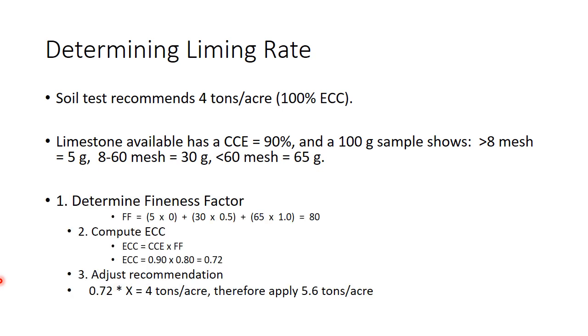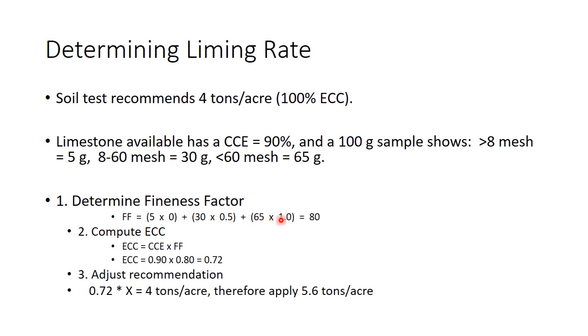So let's calculate the fineness factor. We have 5 grams times 0% effectiveness for coarse materials, plus 30 grams times 0.5 for 50% effectiveness, and then 65 grams times 100% effectiveness.